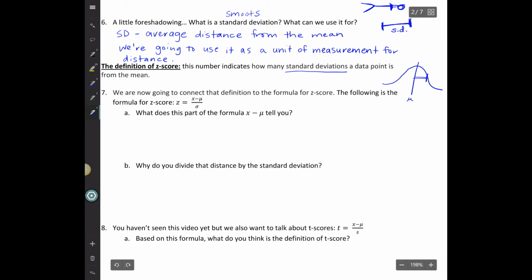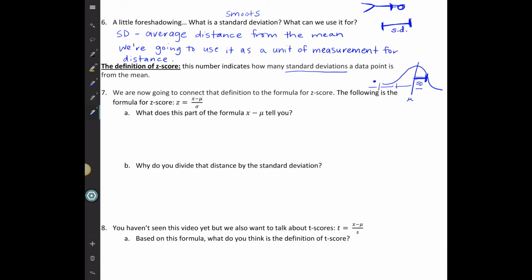So we could say, this is how long 1 standard deviation is. Then if I have a point that's out here, how many of these standard deviations will fit in this distance?